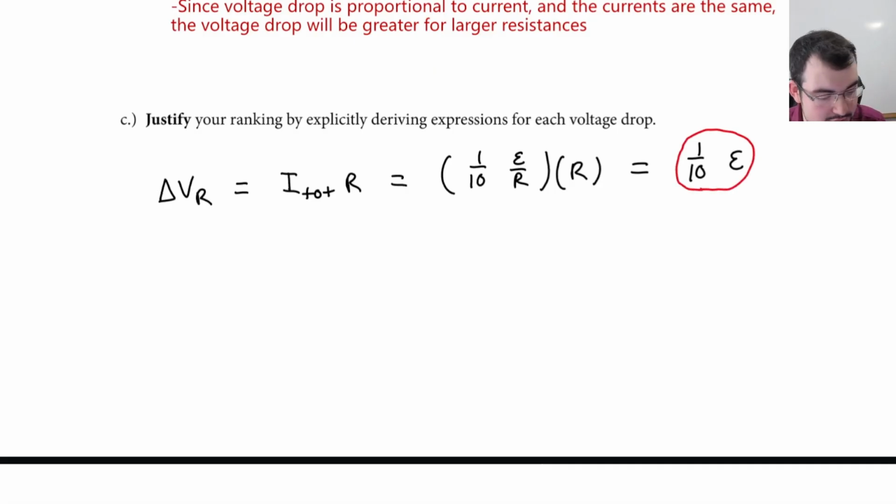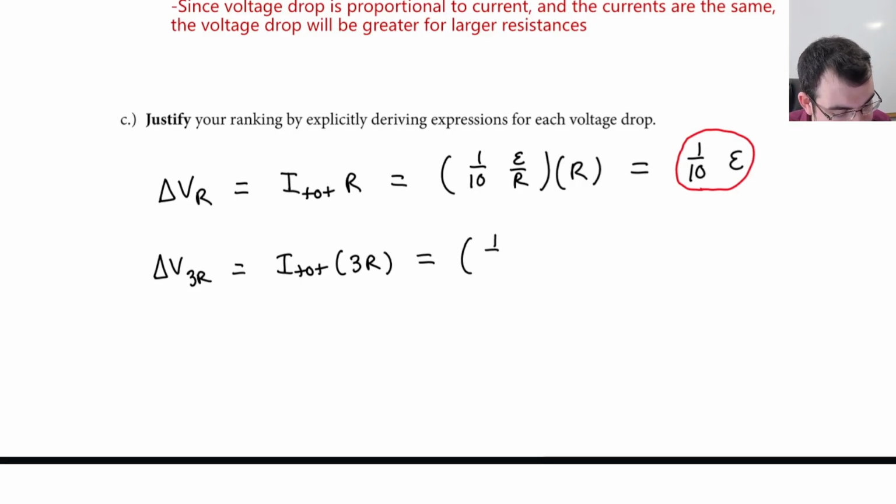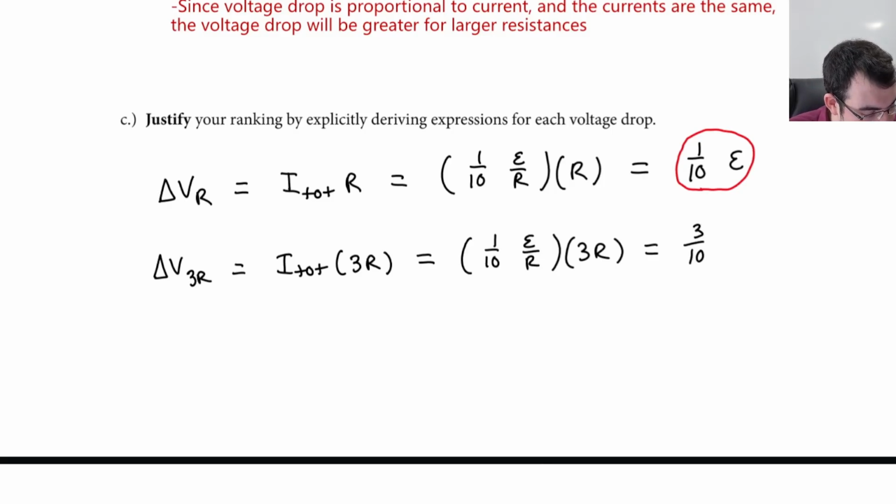We can probably guess where the other two are going to go, because now we got delta V across the 3R, which is I total times 3R, which is equal to 1/10 epsilon over R times 3R. R goes away again, get a 3 on the numerator, and get 3/10 epsilon.